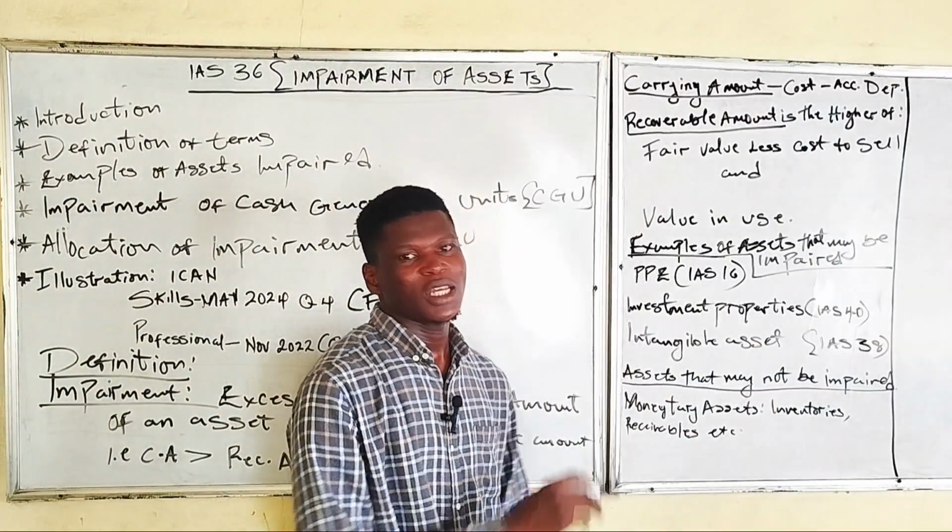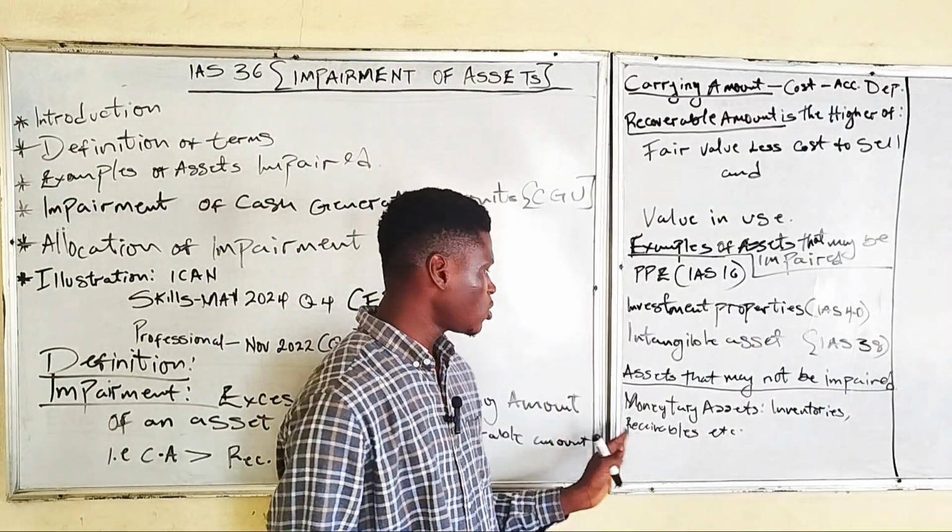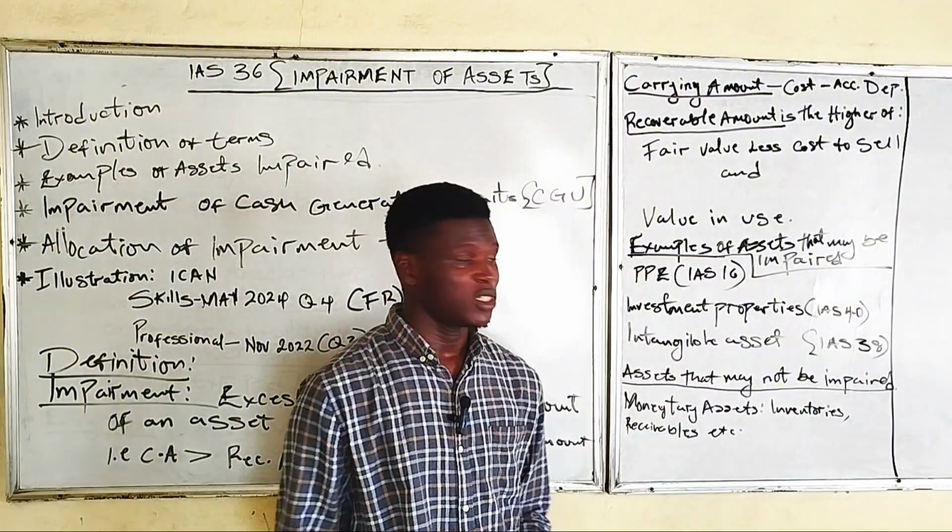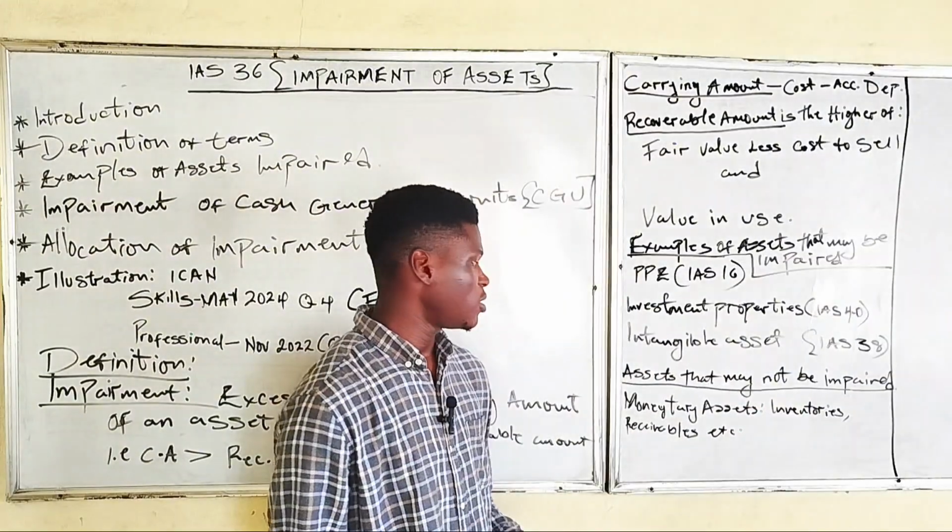All monetary assets are not to be impaired. You must not impair any monetary asset. Inventory is not to be subjected to impairment.